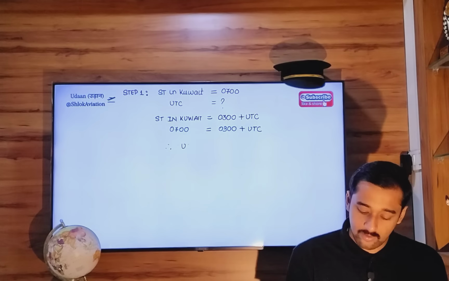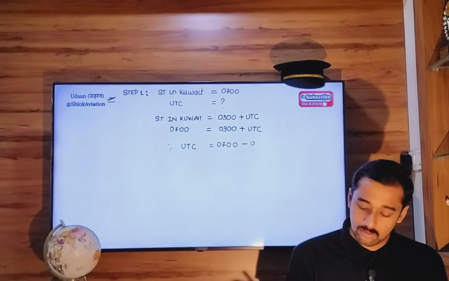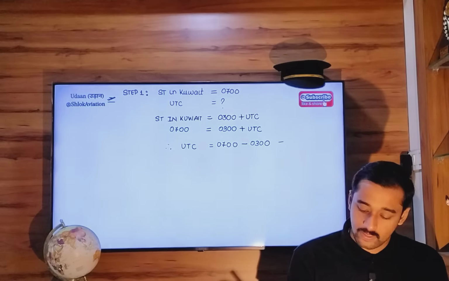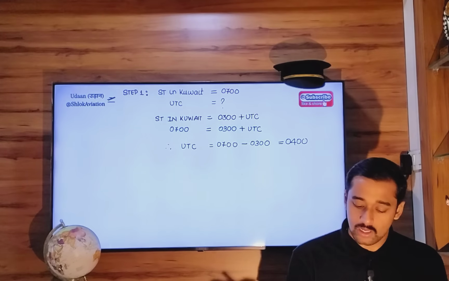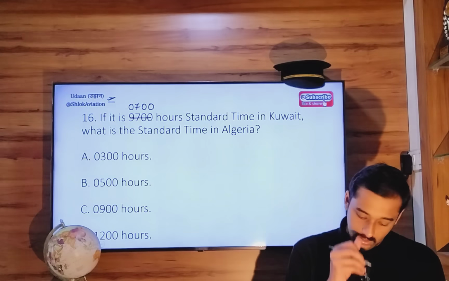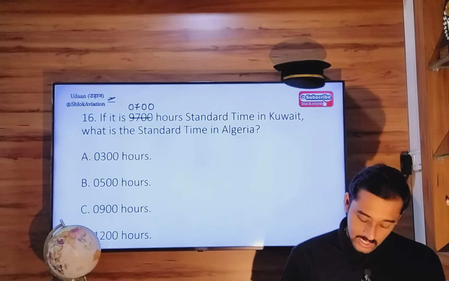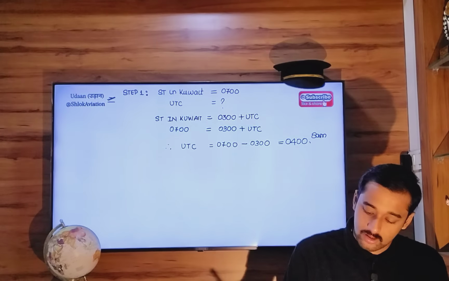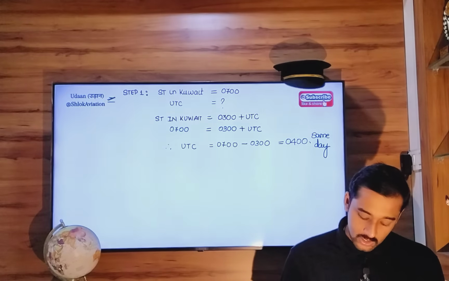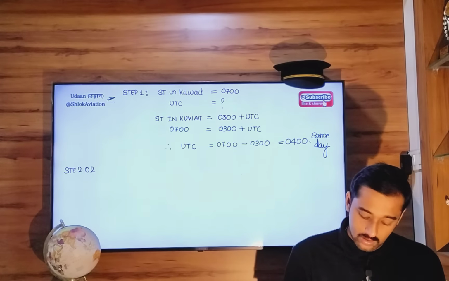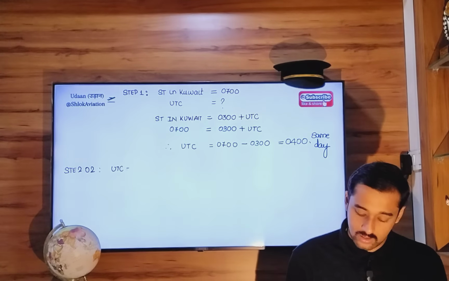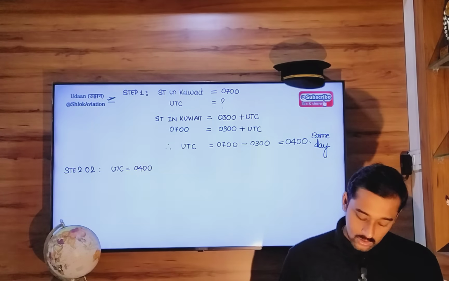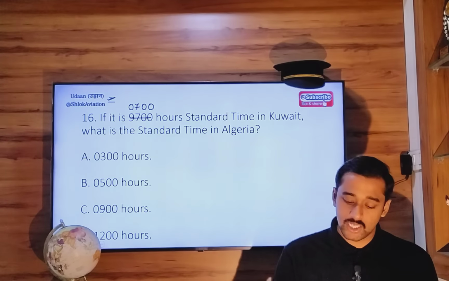Therefore, UTC time will be 0700 minus 0300, that is 0400, and the day will be the same. So same day, I am writing here same day. Now step number 2, convert this UTC time to the corresponding standard time in Algeria.